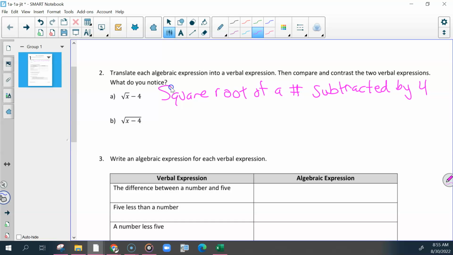Someone tell me what it would be. Square root of a number, and... The "and" tells us to do what? To use the square root over both numbers.